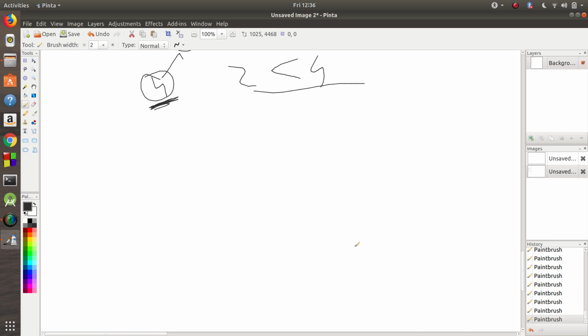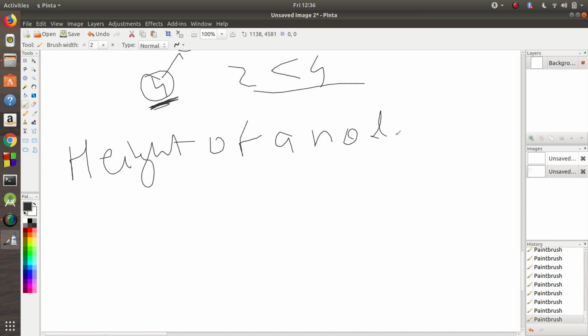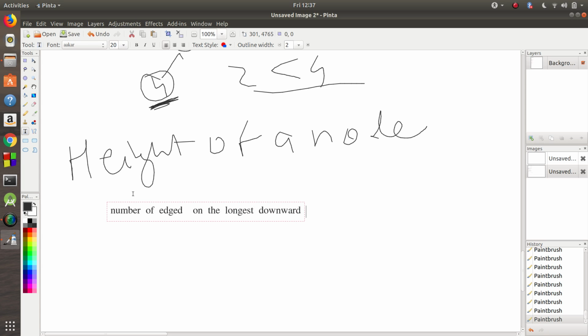Then we need to see the height of a node. Okay, so this can be defined as the number of edges on the longest downward path from that node to a leaf, right?